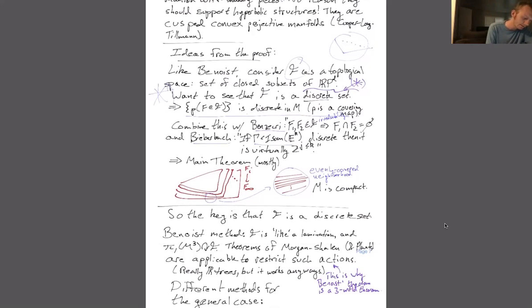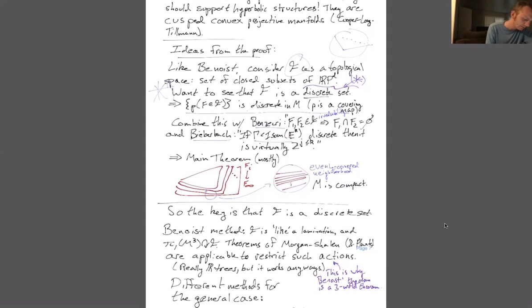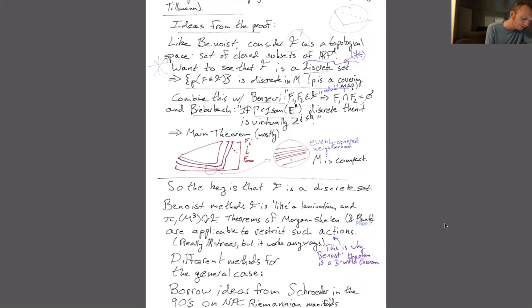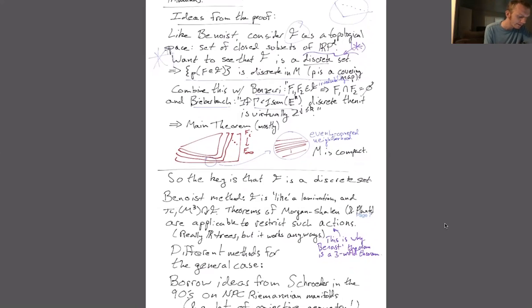So right, from there we get most of the main theorem, because I claim that if you know this is a discrete set, then you have finitely many compact Euclidean manifolds in M, because M is compact.